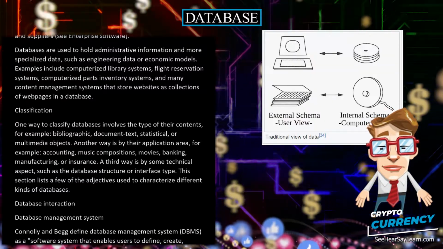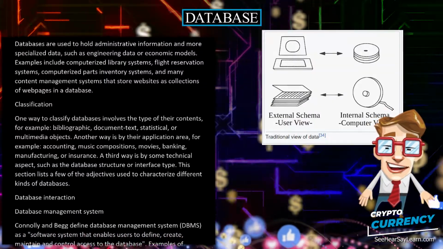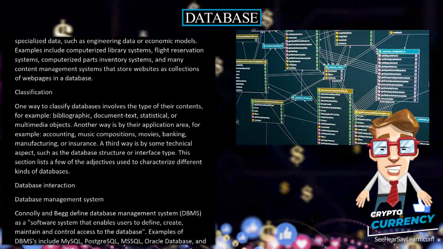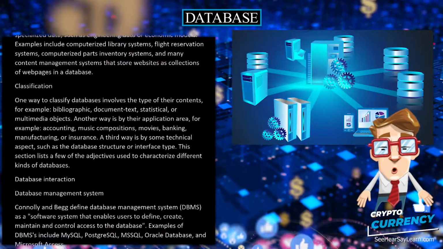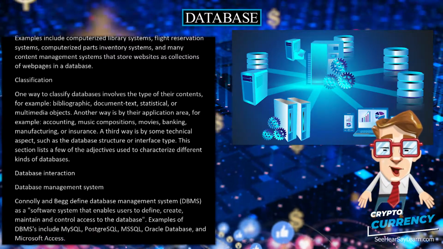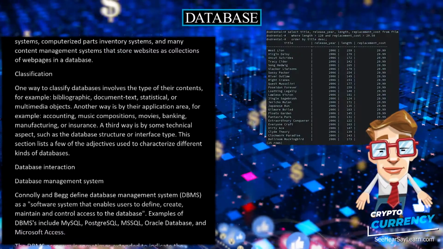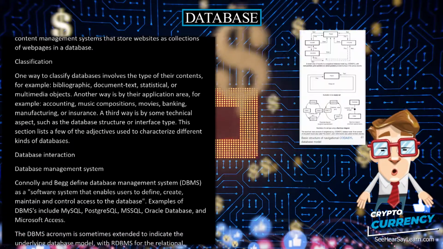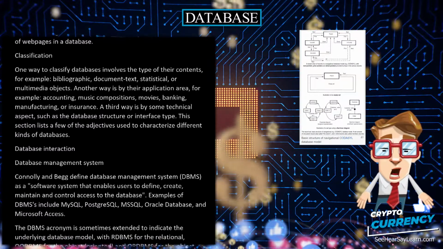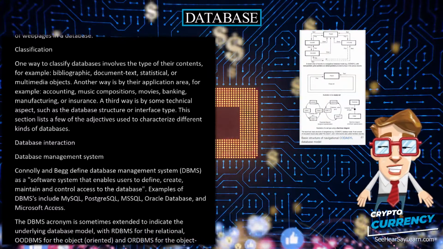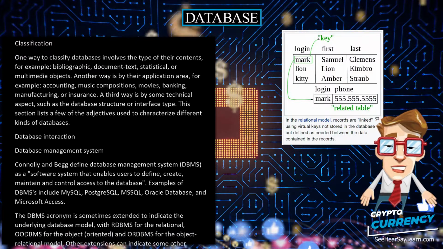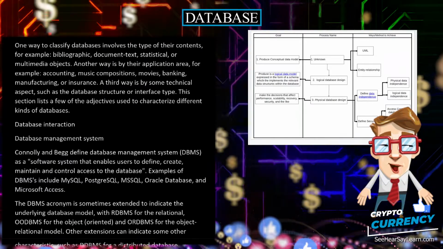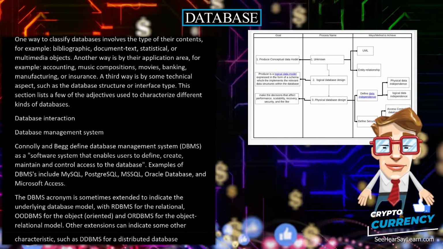Classification. One way to classify databases involves the type of their contents, for example, bibliographic, document text, statistical, or multimedia objects. Another way is by their application area, for example, accounting, music compositions, movies, banking, manufacturing, or insurance. A third way is by some technical aspect, such as the database structure or interface type. This section lists a few of the adjectives used to characterize different kinds of databases.